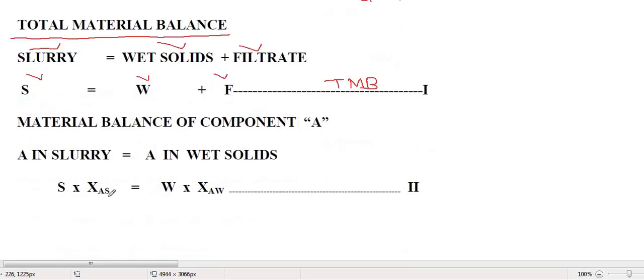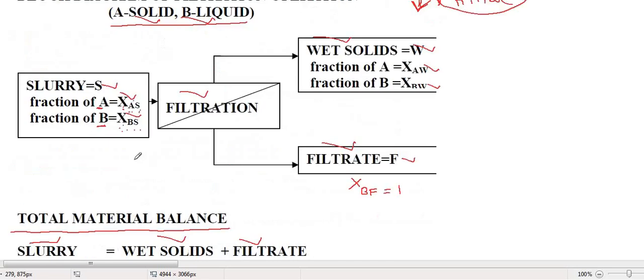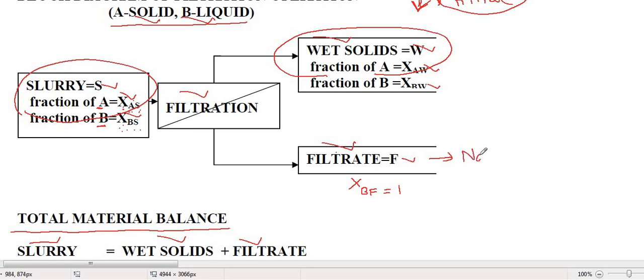Now come to the second point. Second equation: material balance of component A. As you see in this block diagram, solids are present in the slurry and solids are present in the wet solid, while in the filtrate there are no solids.